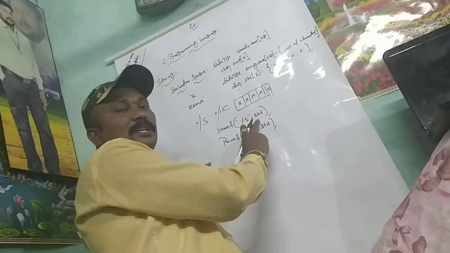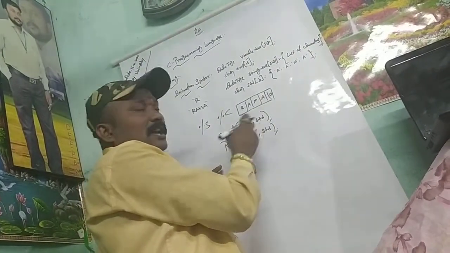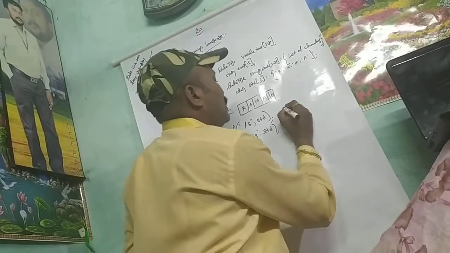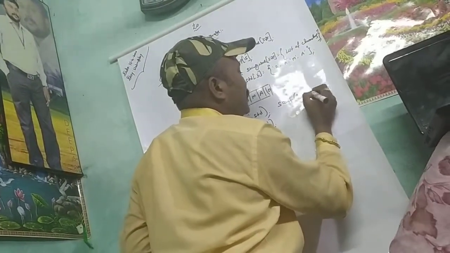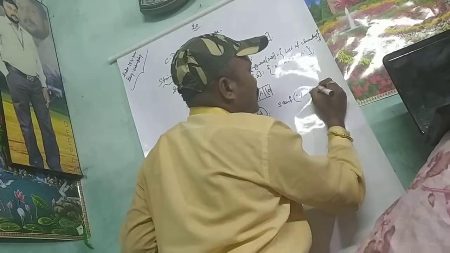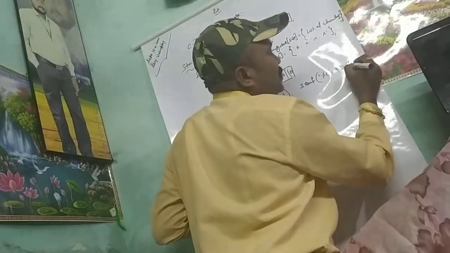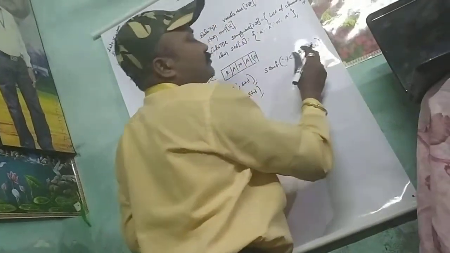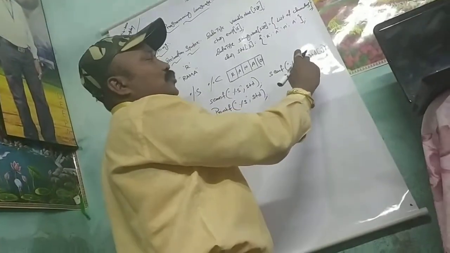For example, if we are using percentage c, then mention the ampersand: scanf percentage c, ampersand std, in array format, one character at a time: student of 0, student of 1, student of 2, student of 3.